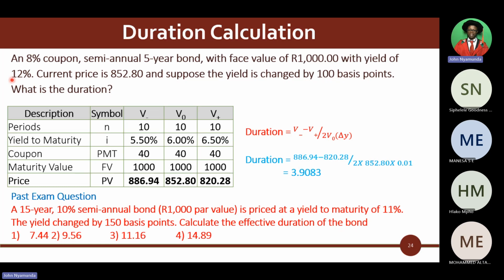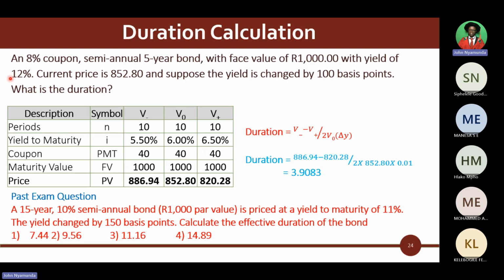We have the same table, N is still 10, coupon is still 40, maturity is still there, but what has changed is that interest rates have reduced from 12% to 11%. Then we say 11 divided by 2, 5.5. We put it in our financial calculator, it gives us 886.